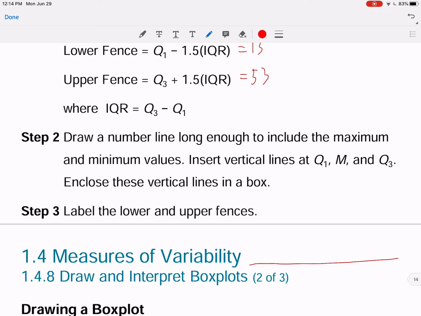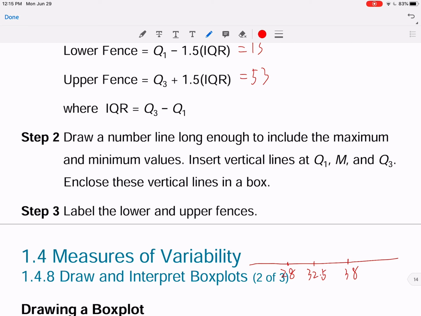So insert Q1. Q1 is not 13, I'm sorry. Q1 was 28, and the median was 32.5, and the Q3 was 38, I think.